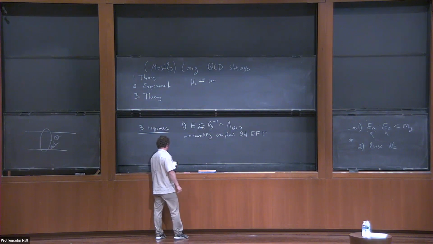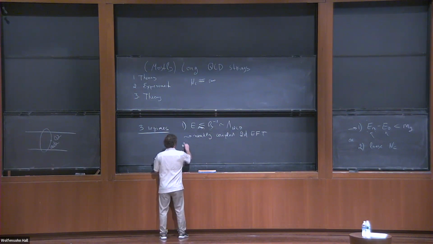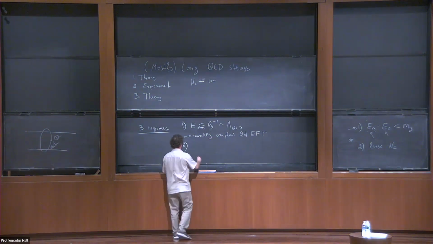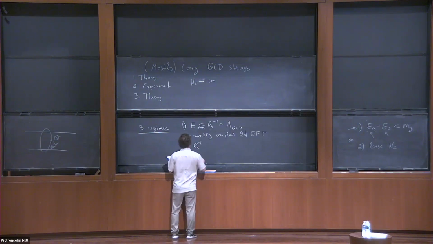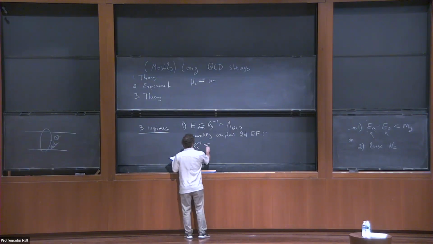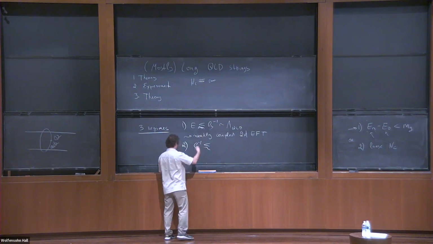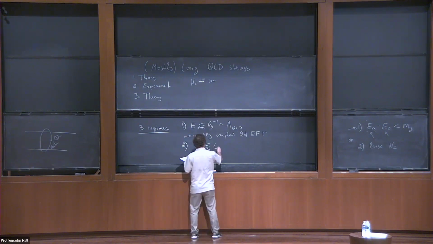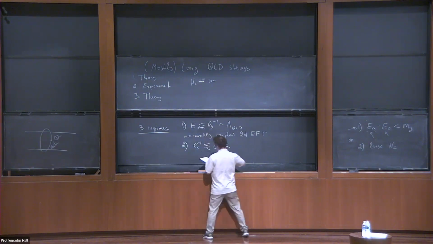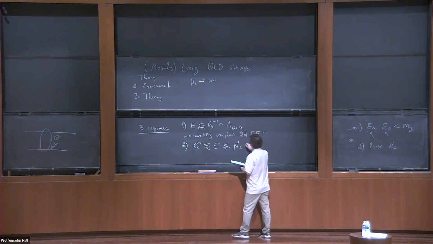That's in some sense the most straightforward, tractable and already interesting regime to consider, as we'll see. Then there is yet another regime, namely if we consider energies above the tension of the string.